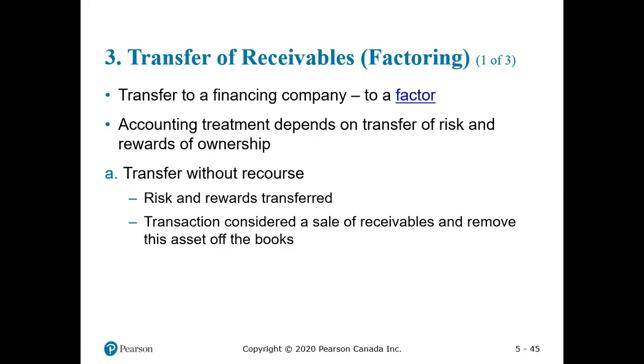From the standpoint of company A, once they transfer that $100,000 of receivables to company B without recourse, that $100,000 is no longer considered to be company A's asset, because they no longer will get the rewards from it, and they're no longer subject to the risks of it not being collected.